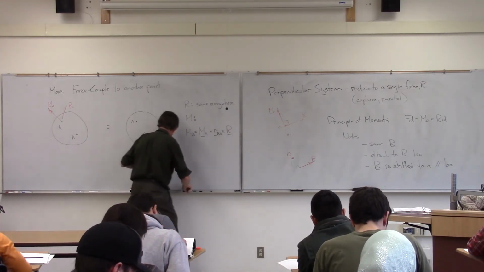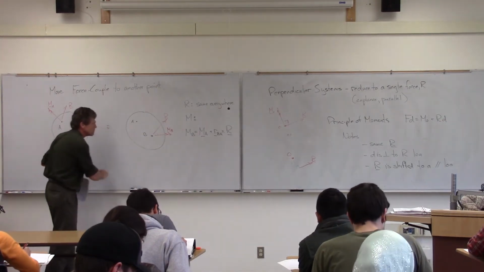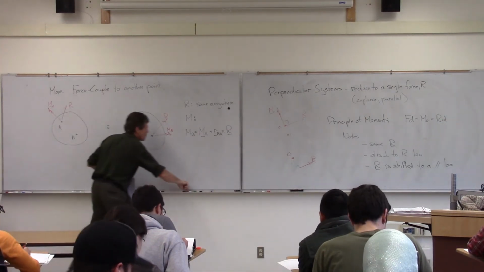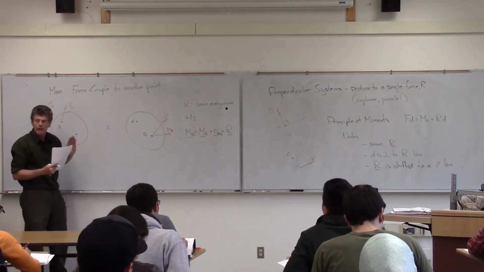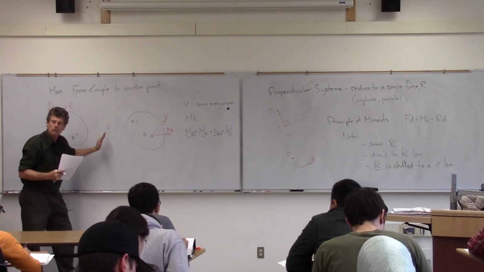And what I'm going to do is take my moment at B and my moment at A, and I'm going to bring it along. I'm just going to simply add that.